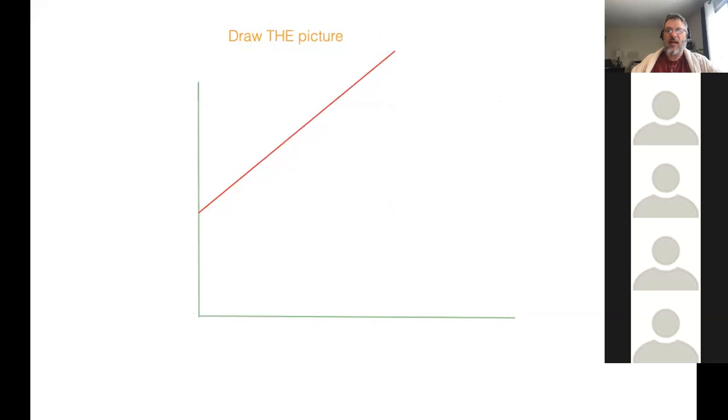So we'll let the red one be the high cost firm, and we'll let the blue one be the low cost firm. Okay. I'll draw it that way.